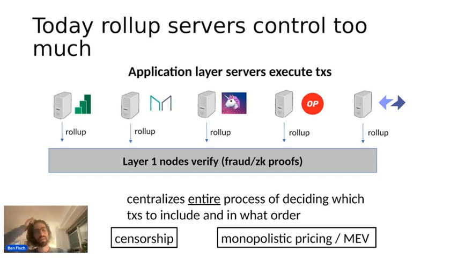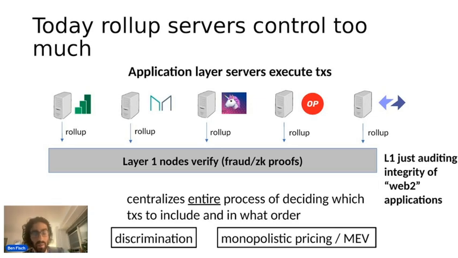And this loses the whole set of properties that blockchains were achieving in the first place by virtue of their decentralization. So it can lead to censorship, lack of neutrality. It can lead to monopolistic pricing by the servers that are carrying out this entire centralized process.